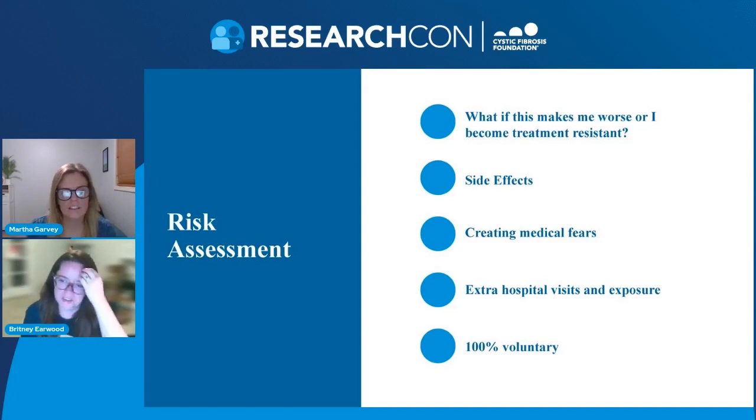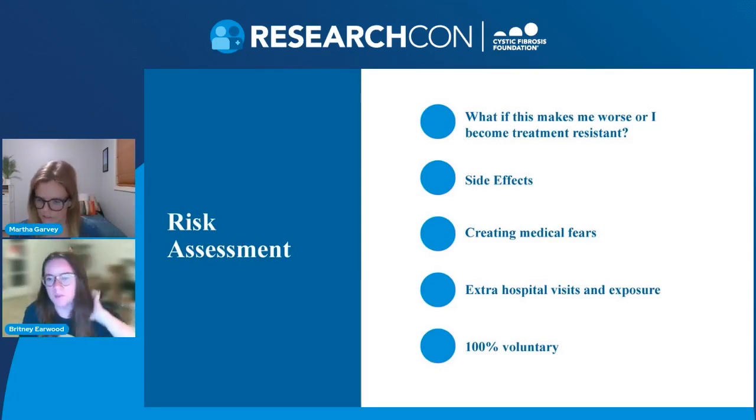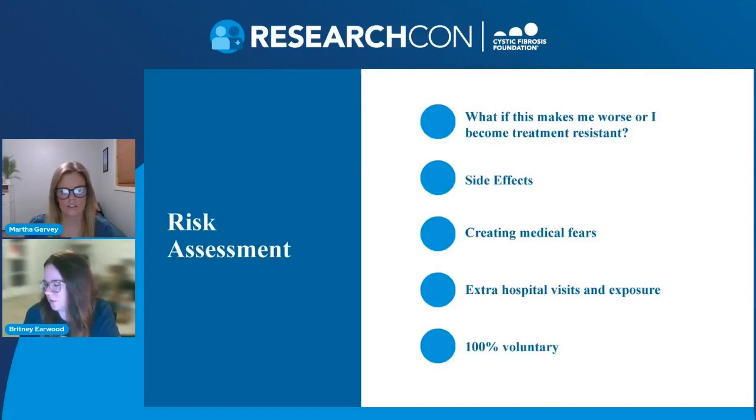There was a question in the chat whether or not I was afraid of putting her through something permanent. A little bit. The clinical trials, I think we have a slide for it, but the visits weren't so intensive. I had concerns that I was creating medical fears, or that having more testing done on a regular basis might create some fears in her, and it just didn't.